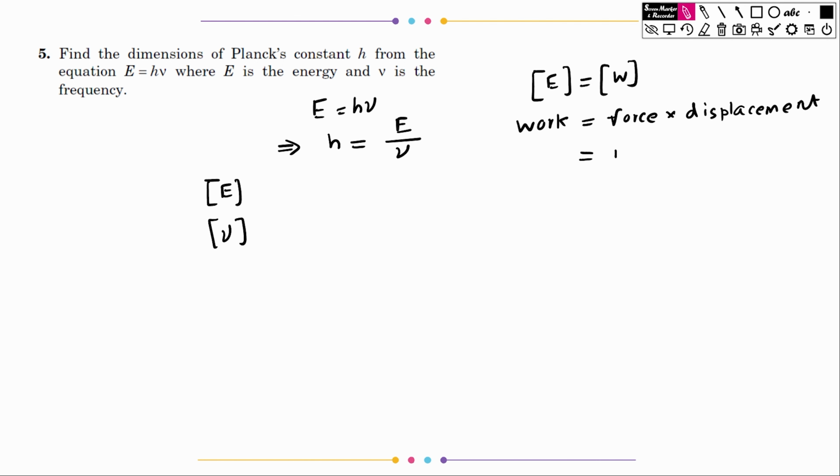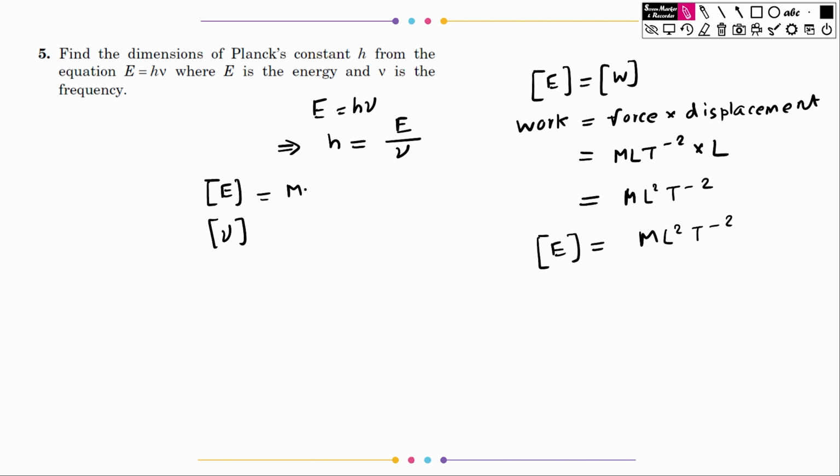Now dimension of force is MLT to the power minus 2 and displacement is length. Therefore, altogether we can write dimension of work as ML square T to the power minus 2. Therefore, dimension of energy is ML square T to the power minus 2.